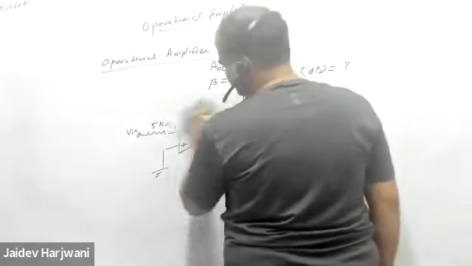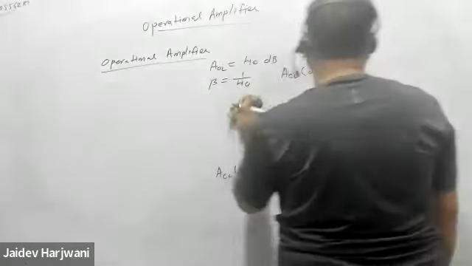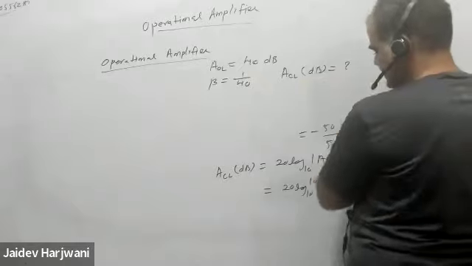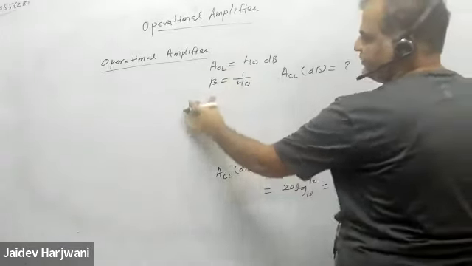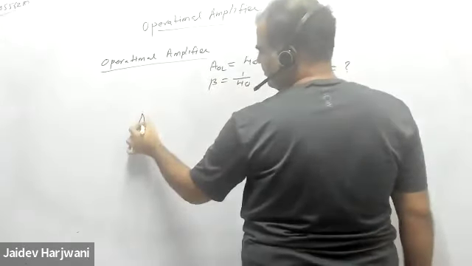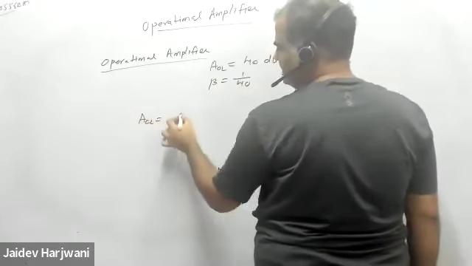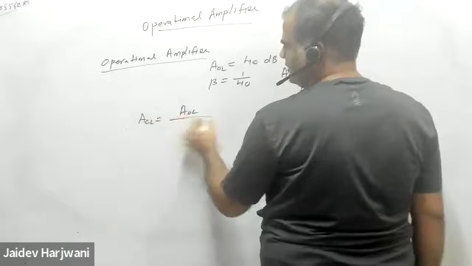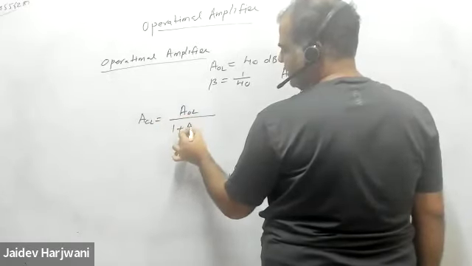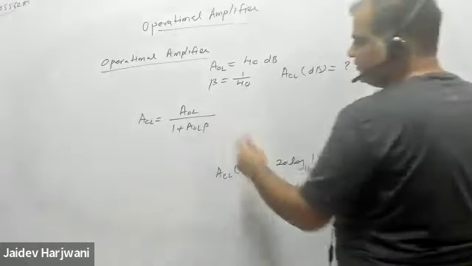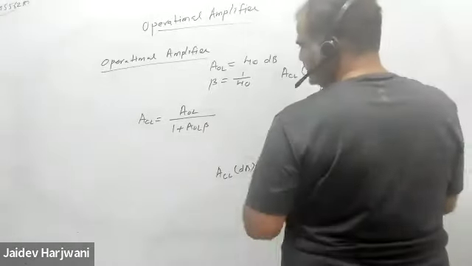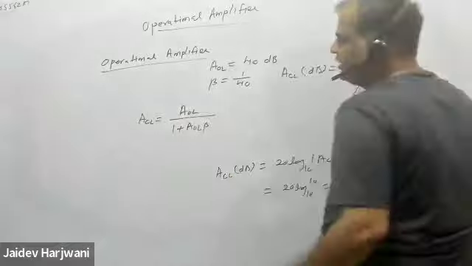Now, how to do this problem? What is the formula for closed loop gain with beta? Closed loop gain is AOL upon 1 plus AOL beta. But this formula is for numbers, not for dB.